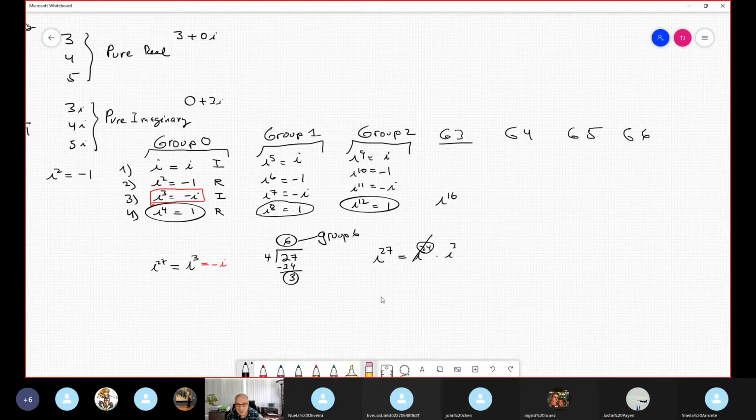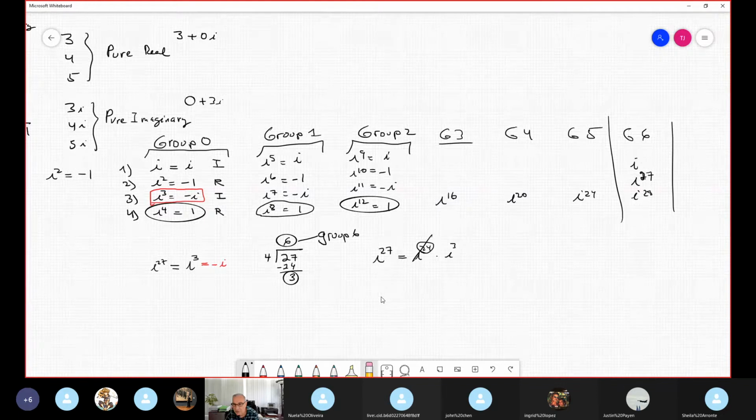This is 12, 16, this is 20, this is 24, and this is 28. So in this group, I suppose it is i^27, 27, 26, and 25. And this is i, this is negative 1, and this is negative i. And this is my answer, negative i.